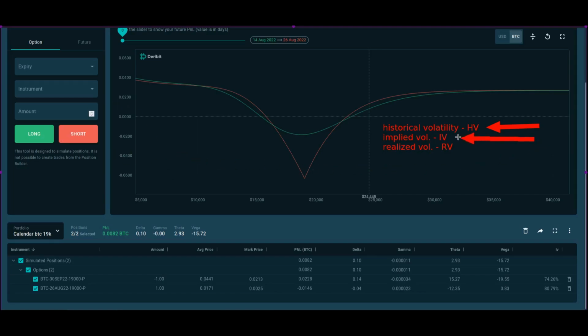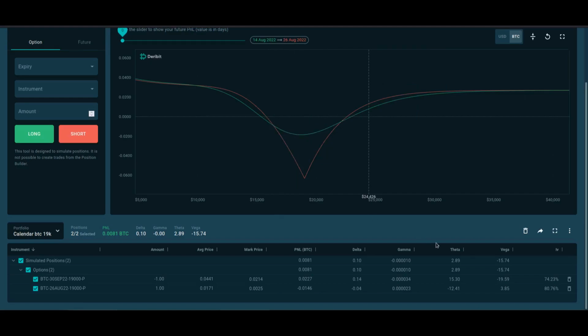Implied volatility is our current market expectation about future movements of the underlying asset, and realized volatility is what really happens with our asset and how it has moved at the current time in comparison with implied volatility.